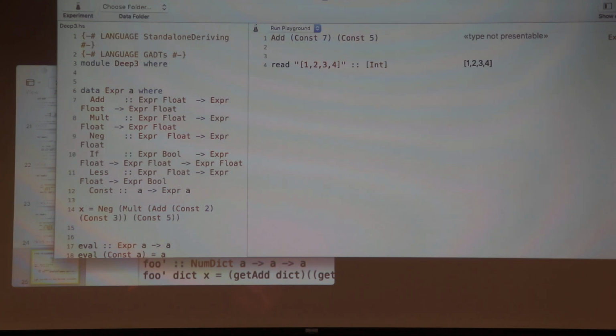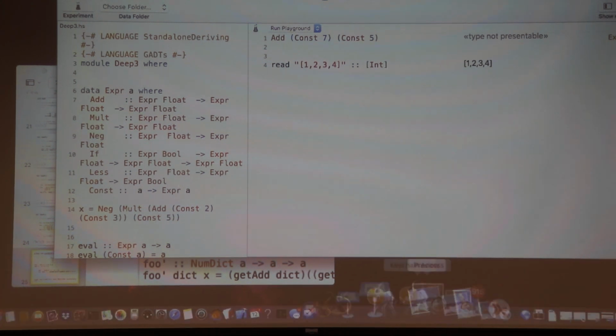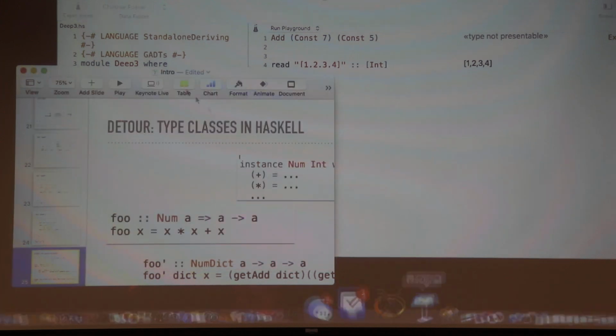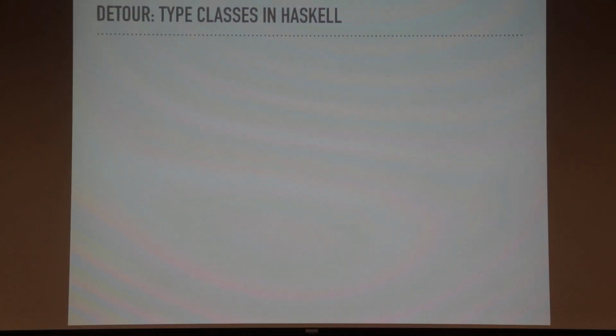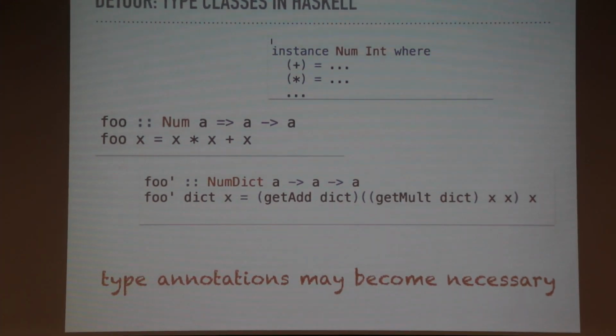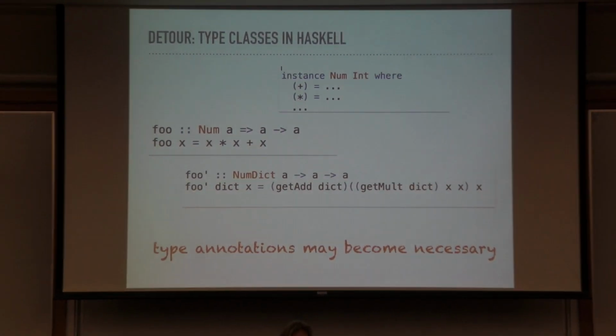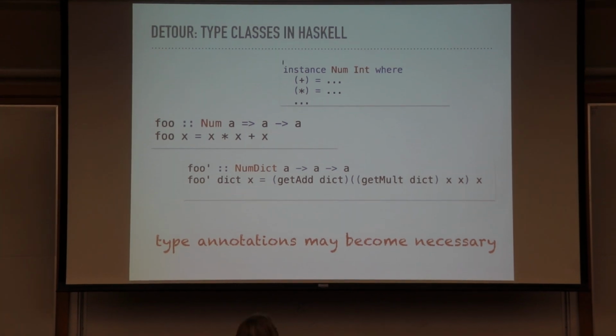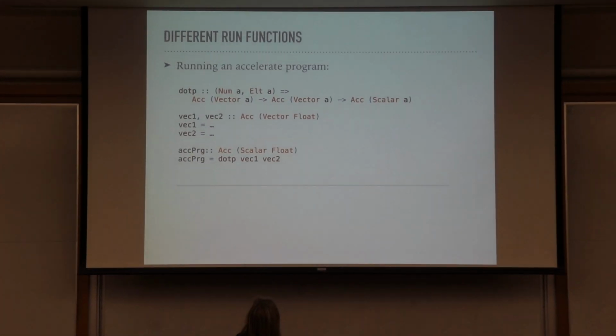And you can do the same for a user-defined data type. You just have to say, for example, deriving Read, and then it will derive a parser for you, which is really convenient. But anyway, my point was basically that, yes, you gain something from type classes, but the price you have to pay is that you sometimes have to provide information because it can't necessarily automatically figure out what it is.